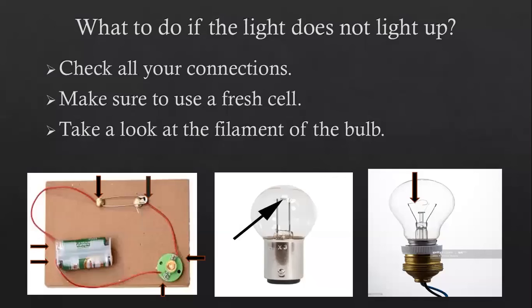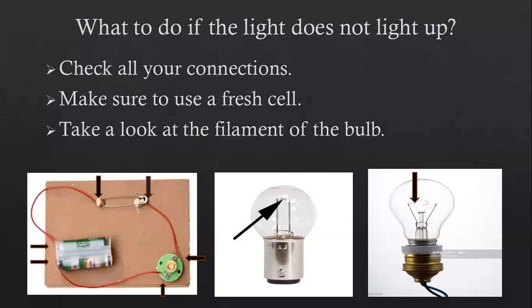After you do this circuit with the switch, if your bulb still doesn't work, you have to check for the following reasons. Check all your connections. I have drawn the arrows to show all the connections. So you have to check whether all the connections are firm and secure.